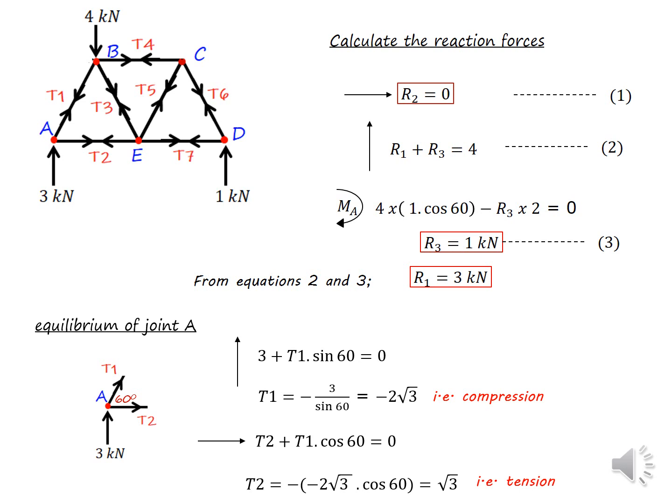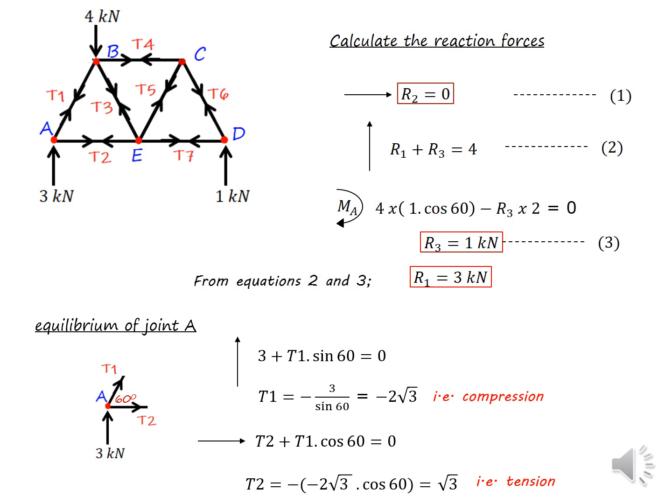Similarly, we can apply the horizontal equilibrium equation. Now we should calculate all the horizontal forces and add together, and the addition of the member forces in the horizontal direction should be equal to 0. T2 is one of the forces, in the direction of the arrow I considered. In the similar direction, T1 cos 60. Those are the only two forces.